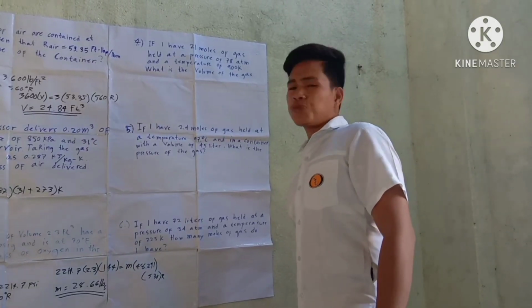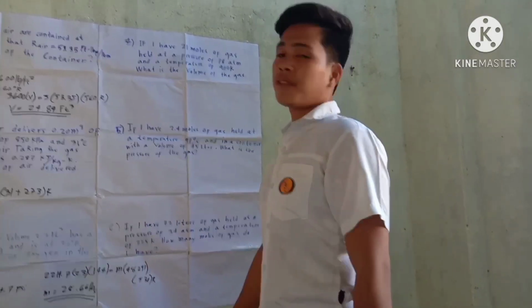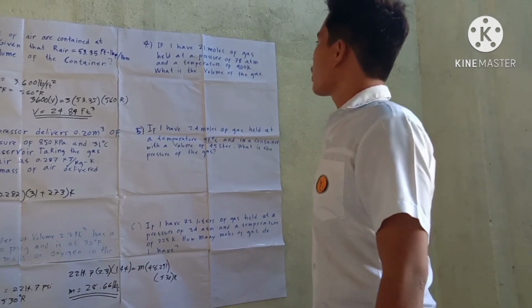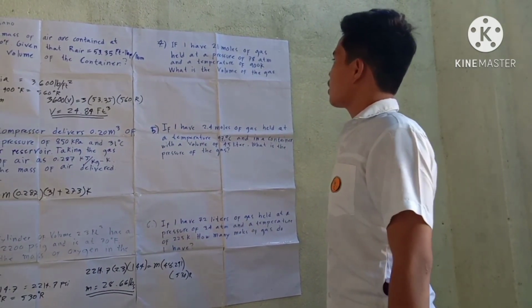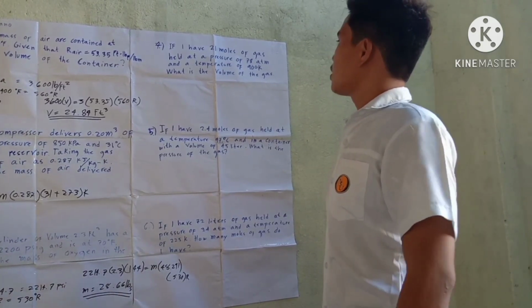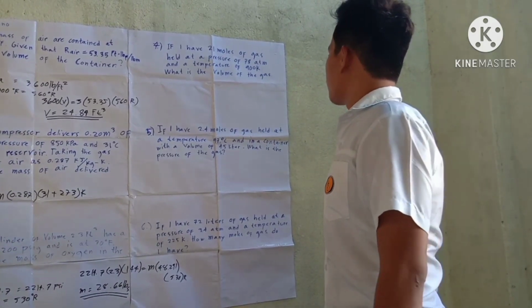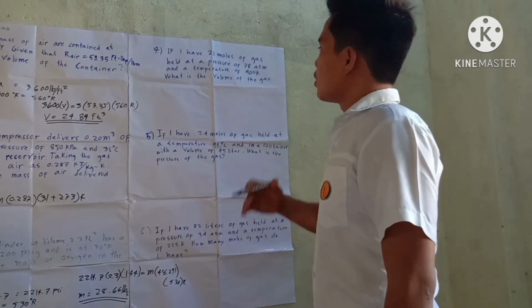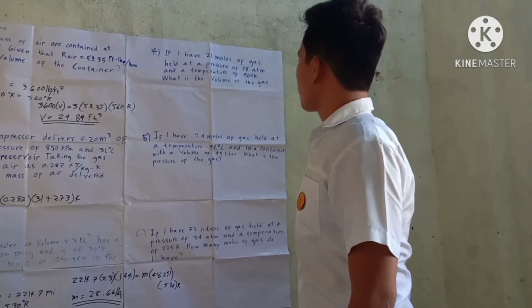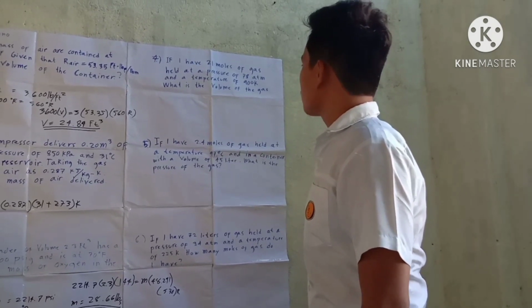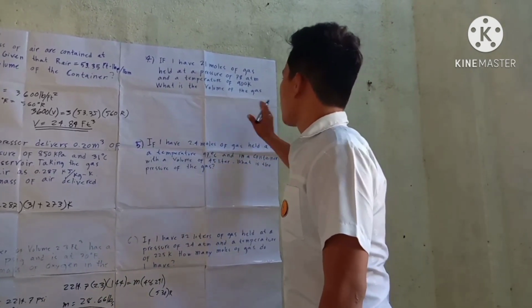But this time we need to proceed to problem number 4. So if I have 21 moles of gas held at a pressure of 78 atm and a temperature of 900 Kelvin, what is the volume of the gas? So since the pressure, the temperature and the number of moles are given, we need to find the volume.